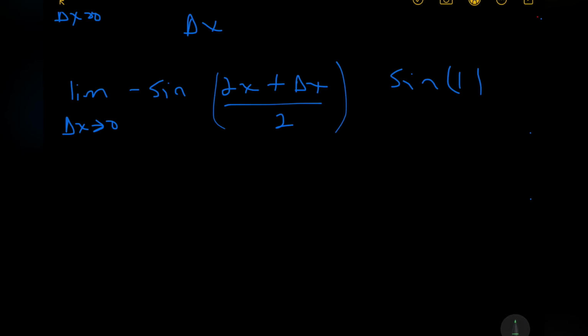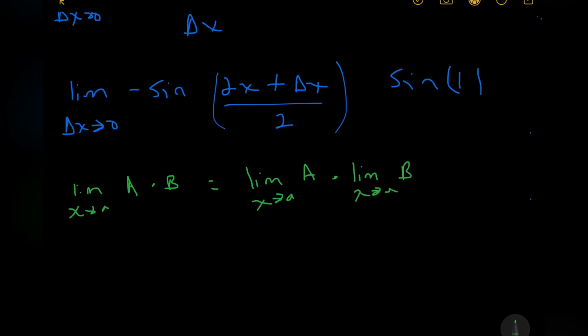If you recall from limits, a limits theorem says that if you have the limit of a times b as x approaches a point, where a and b are functions of x, then we can rewrite this as the limit of a times the limit of b, as both limits approach the same point.